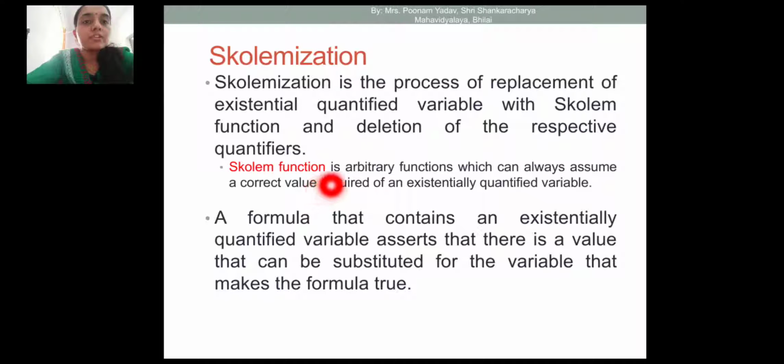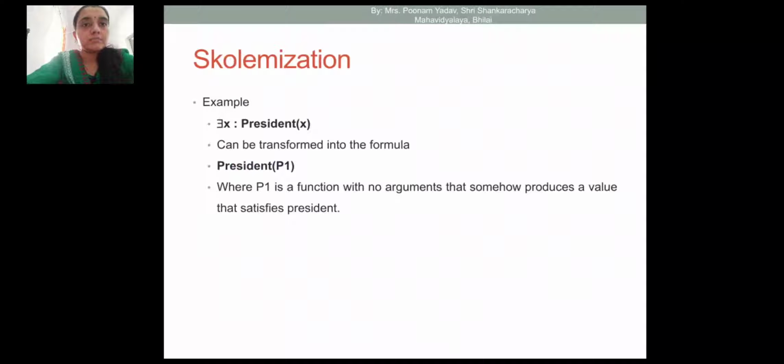And what is the function? It is an arbitrary function which can always assume a correct value required for an existentially quantified variable. A formula that contains an existentially quantified variable asserts that there is a value that can be substituted for the variable to make the formula true. So this makes that particular formula true when replaced with this Skolem function.